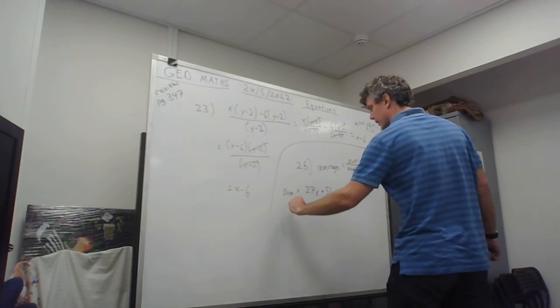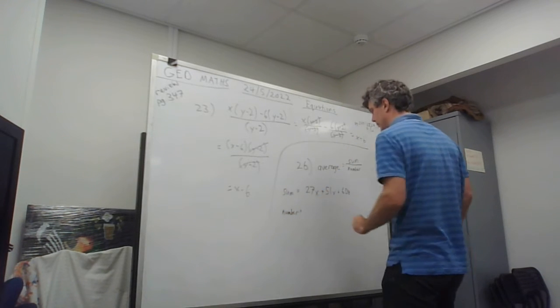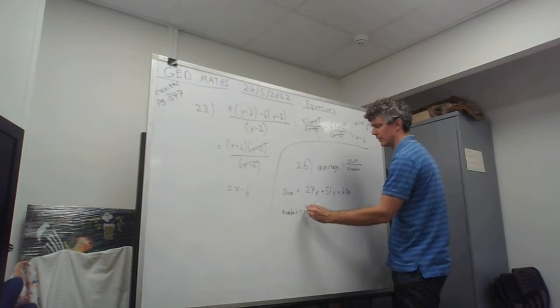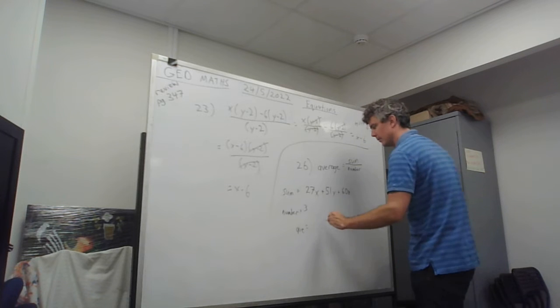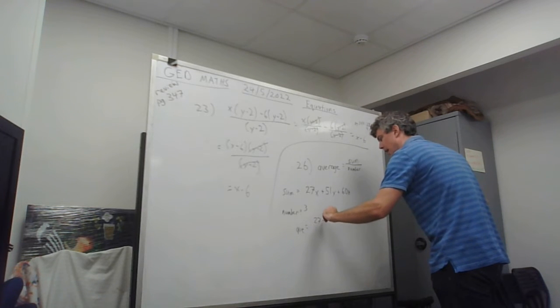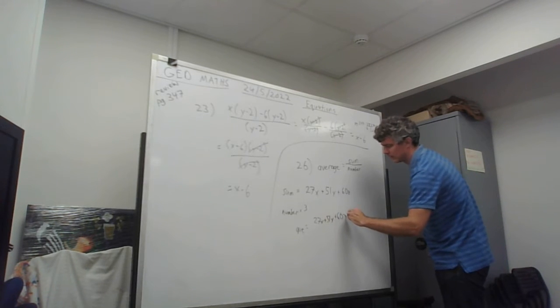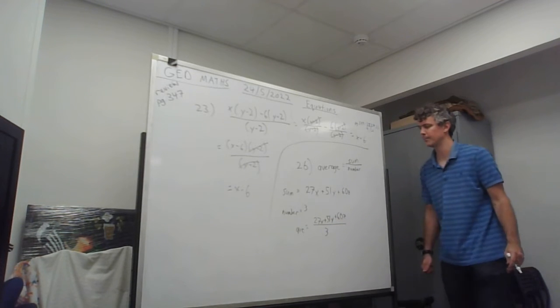And then the number, how many terms are there? 3. All right. So our average will equal 27x plus 51y plus 60z all over 3. Okay?